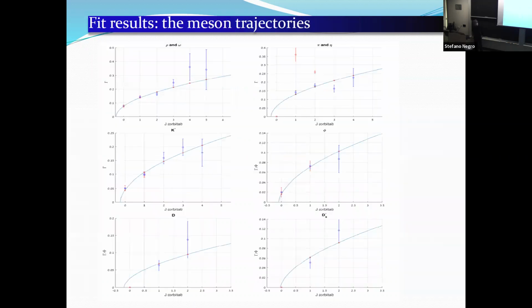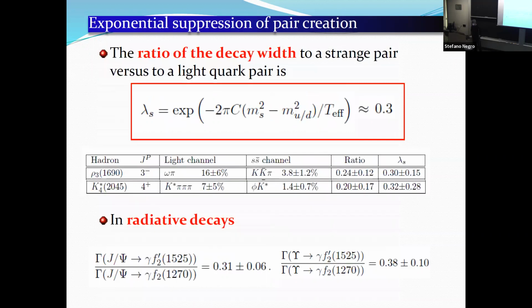Now, that is the way that it looks for decay of omega, pi, eta, K star, phi, D star. Sometimes there are deviations, but otherwise the fit is okay. Now, also this ratio between different breakups.